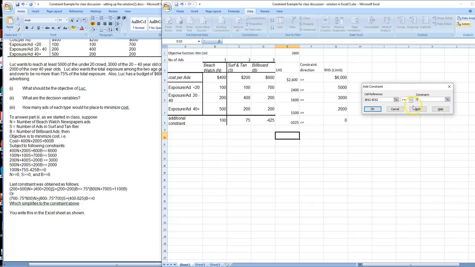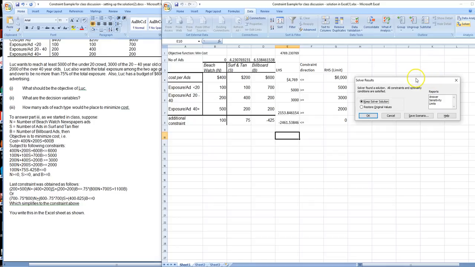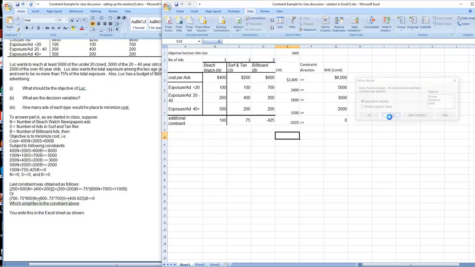And since this is the last constraint, you say OK. And then you say solve. And when you solve it, it asks you, do you want the final solution or do you want to restore to original values? So that's your call, and so here if I say cancel, you get the original values.